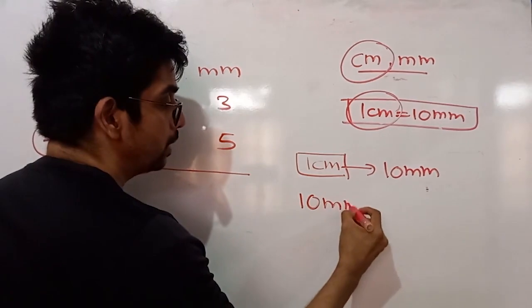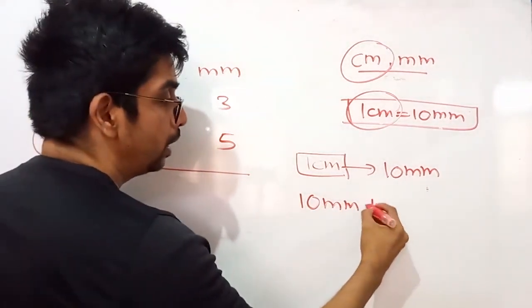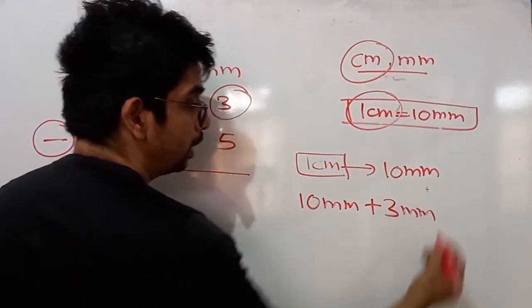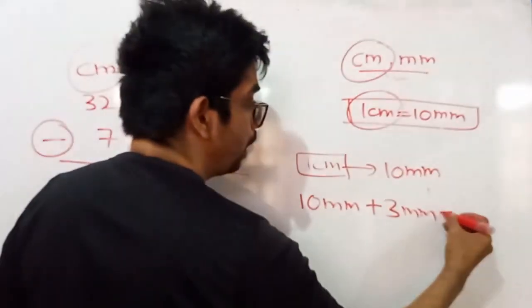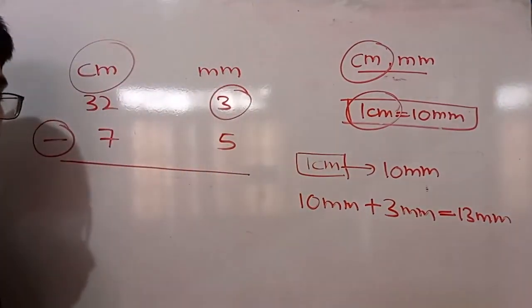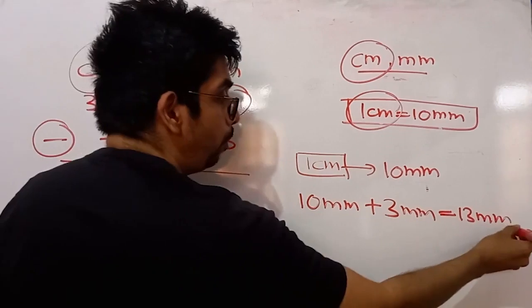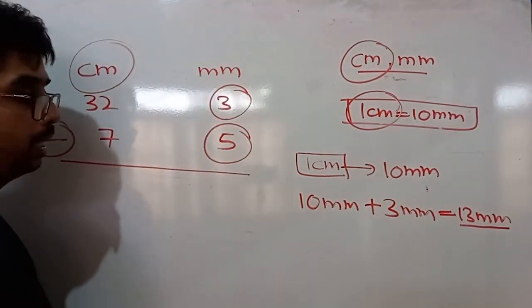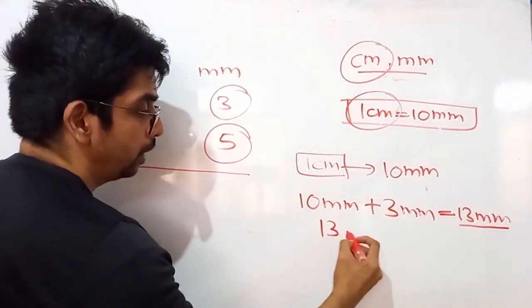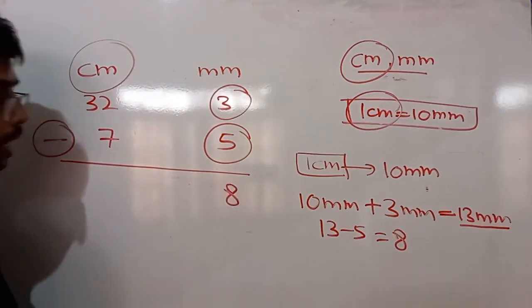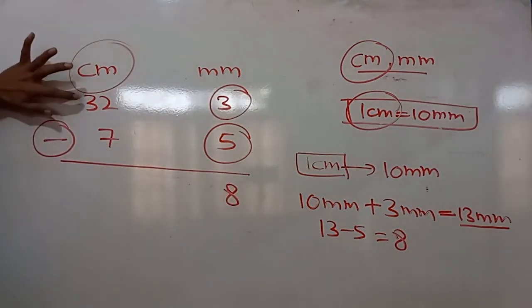So 10 millimeters. කොච්චරක් තිබ්බද? 3ක් තිබ්බනේ. So 3 millimeters කලින් ඉඳන්ම තිබ්බා. So all together we have what? 13 millimeters. Now from 13 millimeters we can subtract 5. 13 minus 5 we get what? 8 millimeters. දැන් හොඳට මතක තියාගන්න අපි centimeters වලින් එකක් දුන්නා.